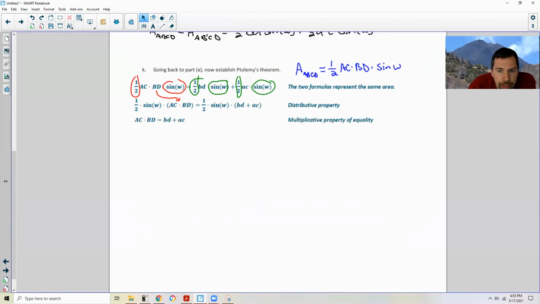Okay. And then we say that AC times BD, this here, equals BD times AC, because we have 1/2 sine W, 1/2 sine W canceling on both sides. Multiplicative property of equality. Okay. We could also call that the additive property of equality, or subtraction property of equality. If I subtracted 1/2 sine W from both sides, they would cancel. All righty. Or we could call it substitution.